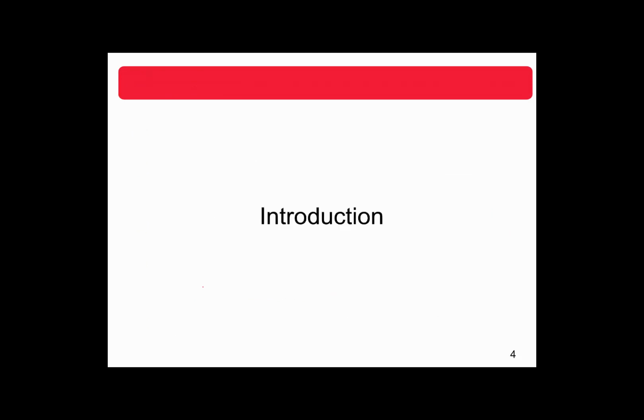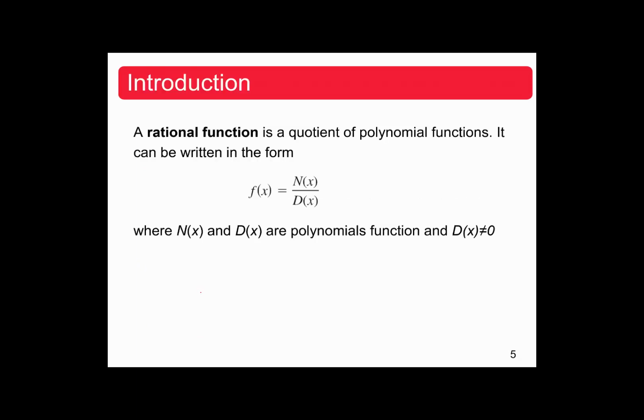Introduction, let's take a look at how we define the rational function. A rational function is the quotient of polynomial functions. So basically, the numerator is a polynomial function, and the denominator is also a polynomial function.